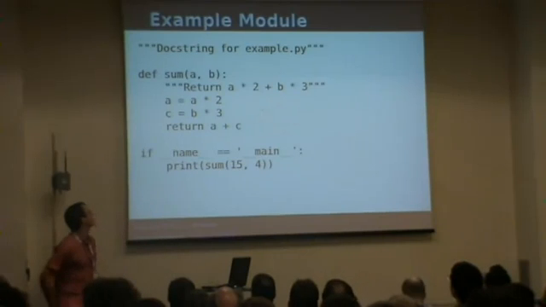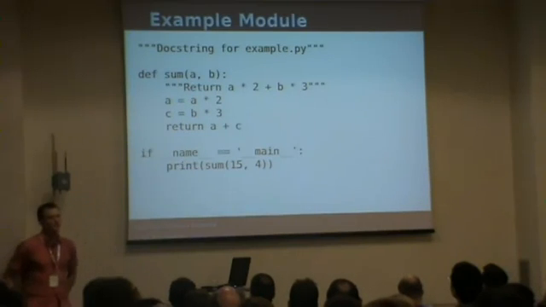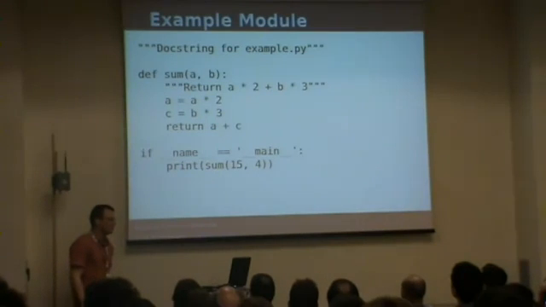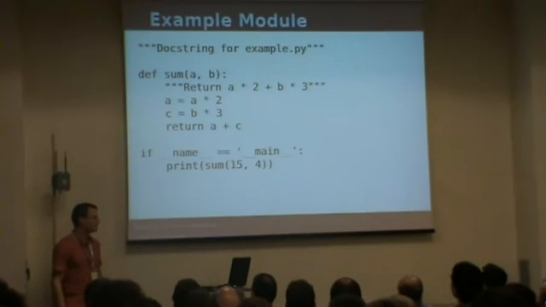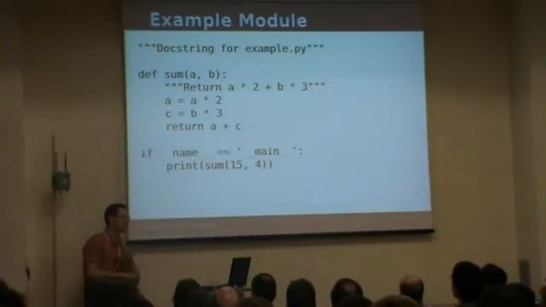I'm going to be working with this small module. It's very trivial. It skips a lot of trickier things that you can do in Python, but it's sufficient to demonstrate how the bytecode works. So it's one function, with a docstring, some very simple computation, that returns a number.